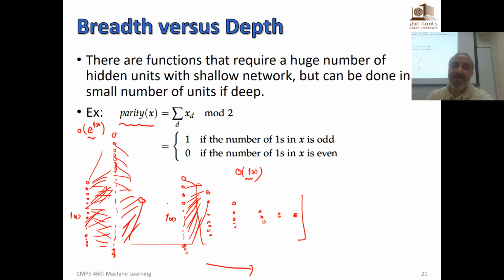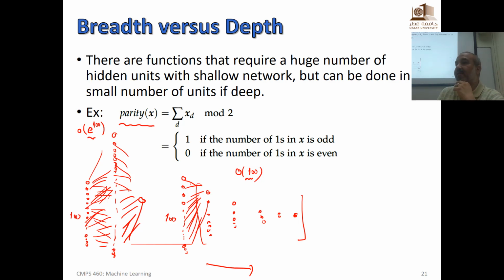Why do we care about the number of neurons? Fewer calculations in terms of prediction, right? But how about training? Training will take more time. Why?